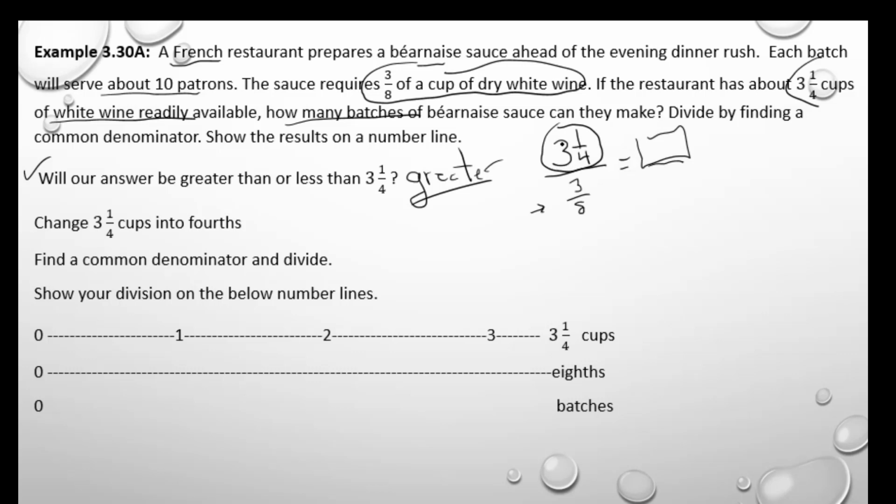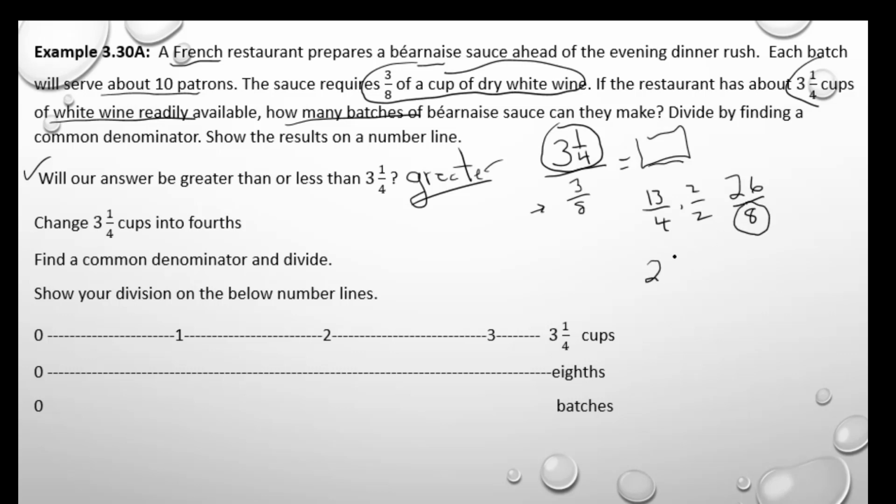But I'm going to do this problem by finding a common denominator. So I'm going to change this mixed number into 13/4. And then I'm going to multiply it by 2 over 2 and get 26/8. So now I'm going to write this out with the eighths as the unit.